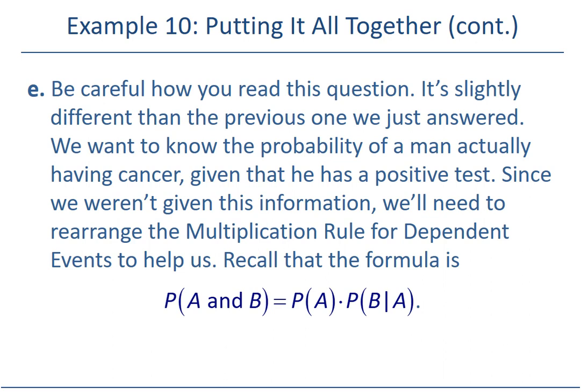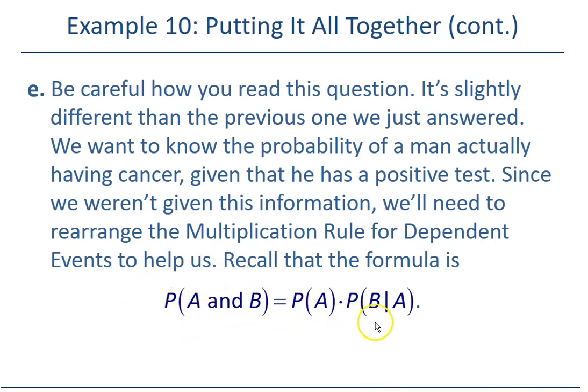Now, for this last one, this is, I think, one of the most challenging we've had in the whole course. It says, be careful how you read this question. It's slightly different than the previous one we just answered. We want to know the probability of a man actually having cancer, given that he's had positive results. Since we weren't given this information, we'll need to rearrange the multiplication rule for dependent events to help us.